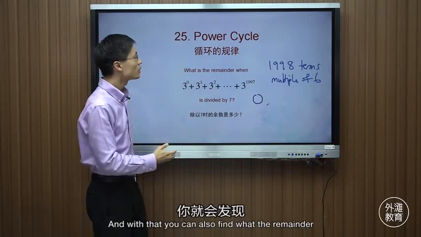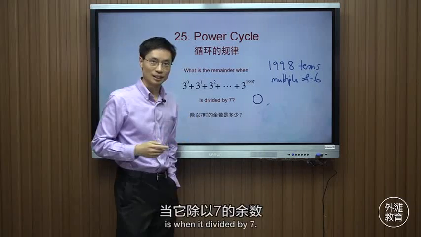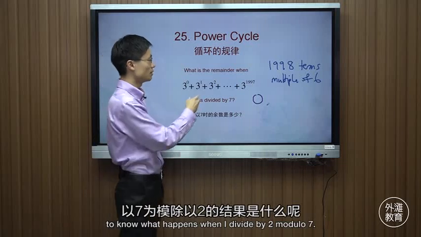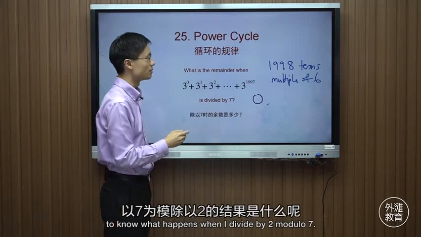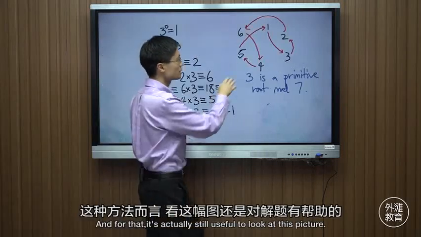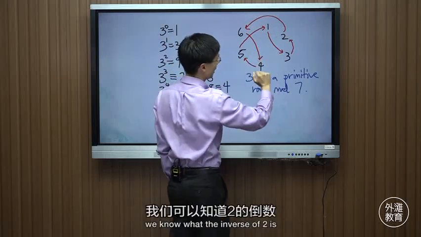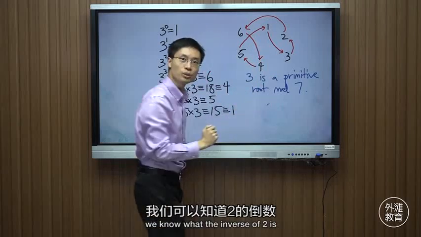And with that, you can also find what the remainder is when you divide by 7. Although with that one you need to be a bit careful to know what happens when I divide by 2 modulo 7. And for that, it is actually still useful to look at this picture, because for this picture, we know what the inverse of 2 is.